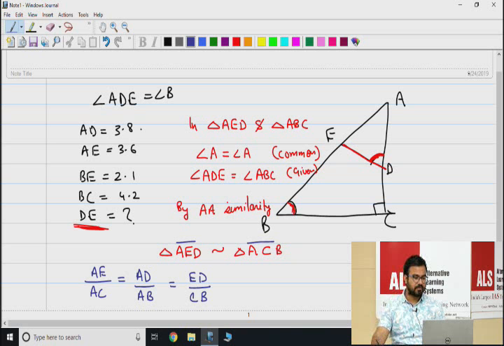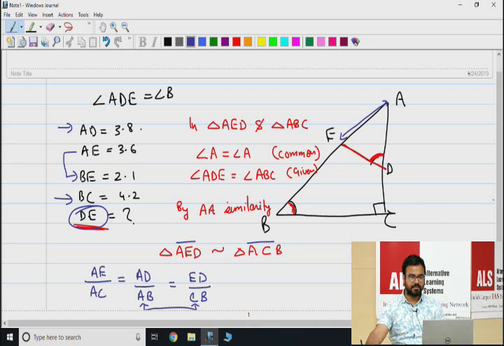Now look at this, what do we have to find? We have to find DE. So this is DE. With DE we have CB, and we know the value of BC. AD is there, we know the value of AD. AB is there. We don't know the value of AB, but we can see AB is made up of AE and BE, and AE and BE are both known. So it means we will take this relationship.